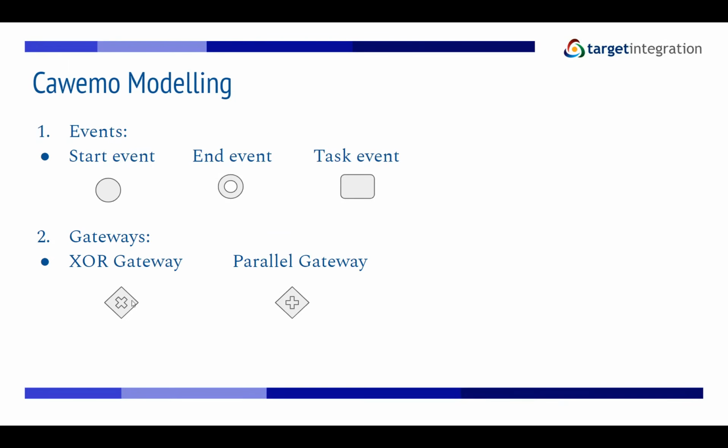Coming to the gateways, we have two gateways, XOR and parallel gateways. The XOR gateway is an exclusive gateway used to model a decision in the process. When the execution arrives at this gateway, all outgoing sequence flows are evaluated in the order in which they have been defined, based on true or false.